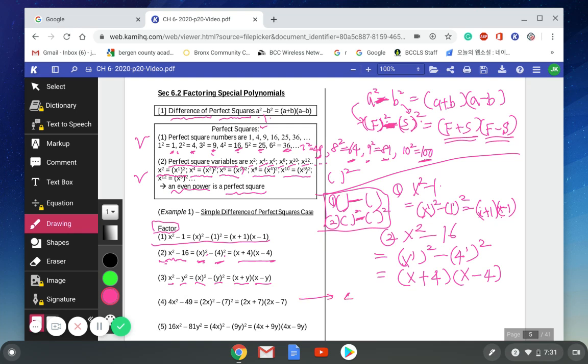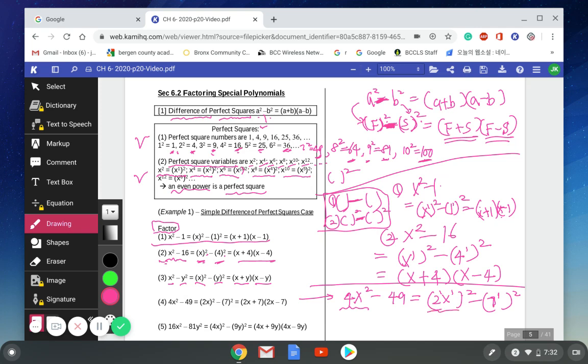Now a little more complicated one, 4x squared minus 49. Can you make this one as something square minus something square? Well, first term, 4 is 2 to the square, and x squared is x to the square. And 49 is 7 to the square.